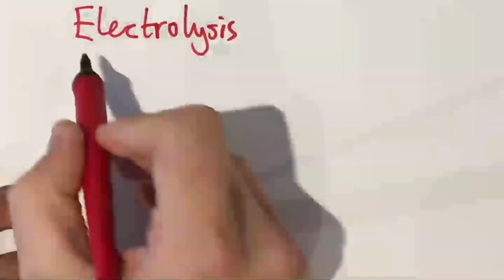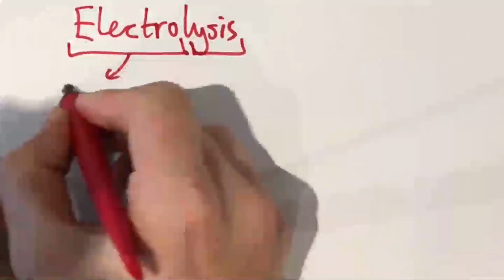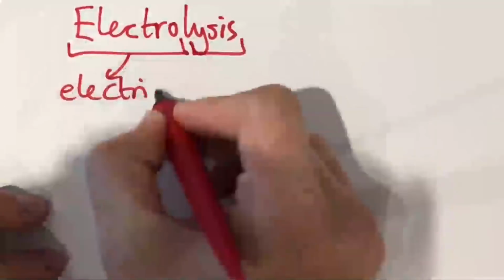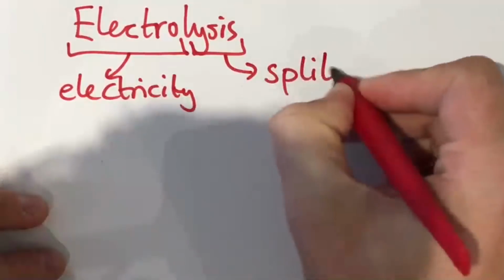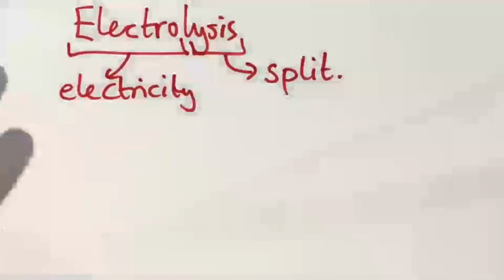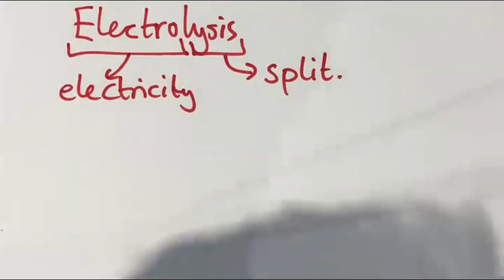Right. So, electrolysis. First thing to realise is the word. We have electro, meaning electricity, and lysis, which means to split. So whenever we're doing electrolysis stuff, we've got to think something's going to be split up with electricity.